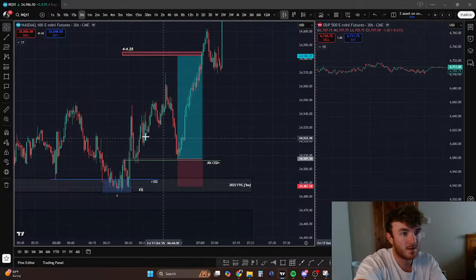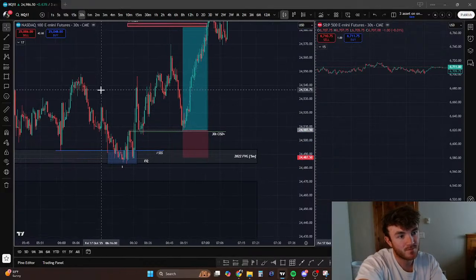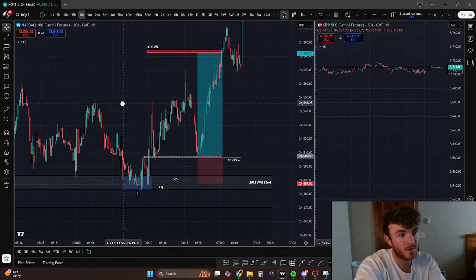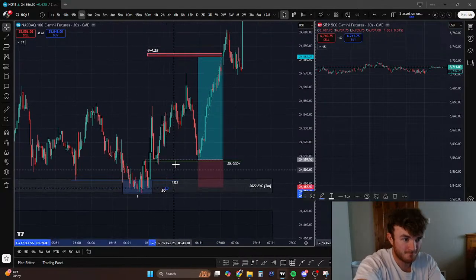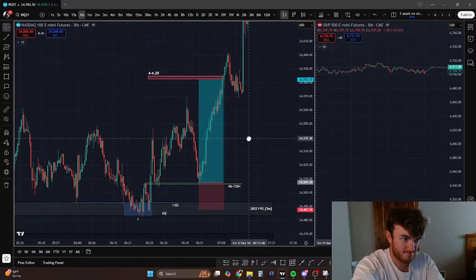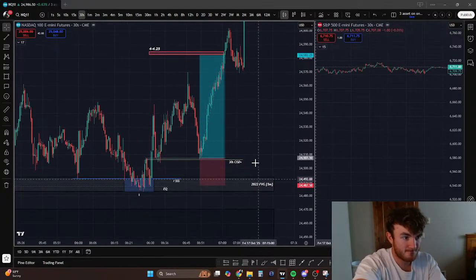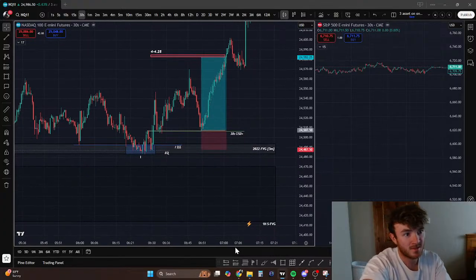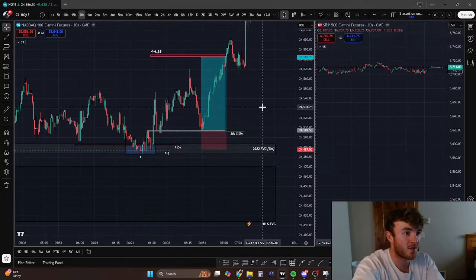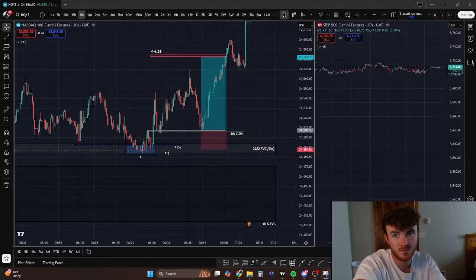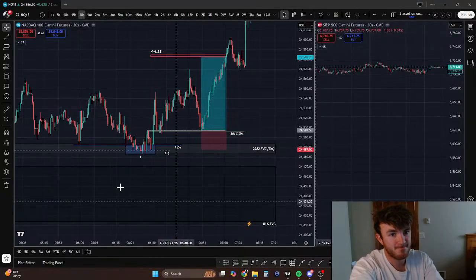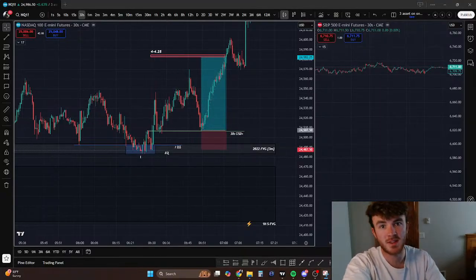Okay. So 4 standard deviations up. So I would consider this 22 plus. I don't usually enter on a retest for a 22 plus, but let's just say that we took this as a close, though.